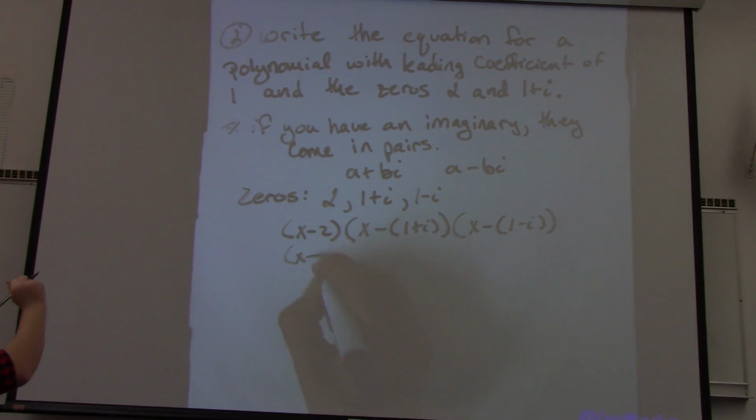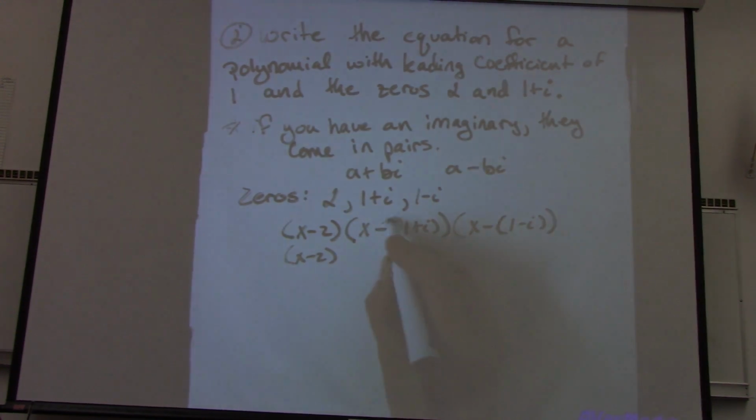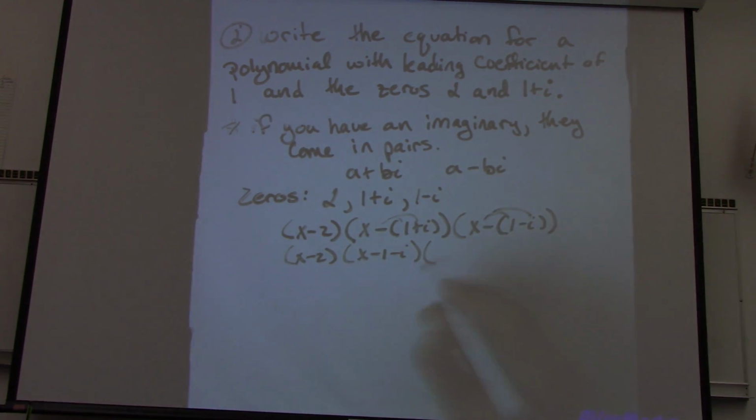The first thing that you need to do is distribute your negative on both of the i parentheses here. So you end up with x minus 1 minus i, x minus 1 plus i.